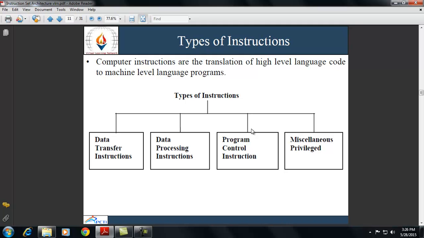If we talk about the data transfer instructions, then these instructions transfer data from one location in the computer to another location without changing the data content. Some of the most common transfers are from processor registers to memory, processor registers to input output, and processor registers themselves.